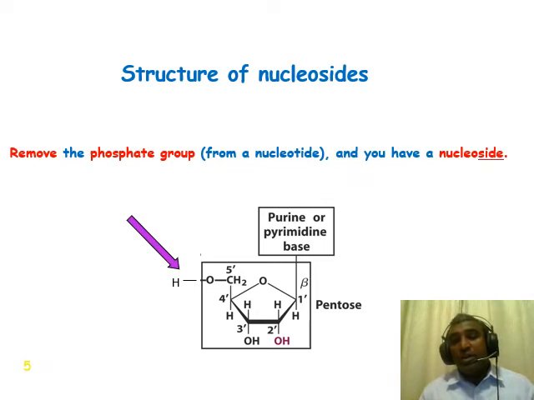So that's why it's called nucleoside, not nucleotide. And the function of the phosphate not being present in a nucleoside is still not clearly understood. But just to say that if there's no phosphate, then it's a nucleoside, and if there is phosphate, then it's a nucleotide.